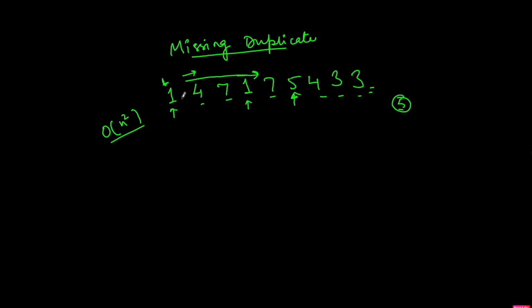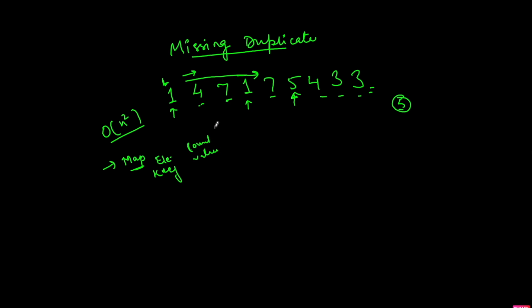Yes. Another solution is we can use a hash map. The map will have the element as key, and the number of times that element has appeared in the array, the count, as value.